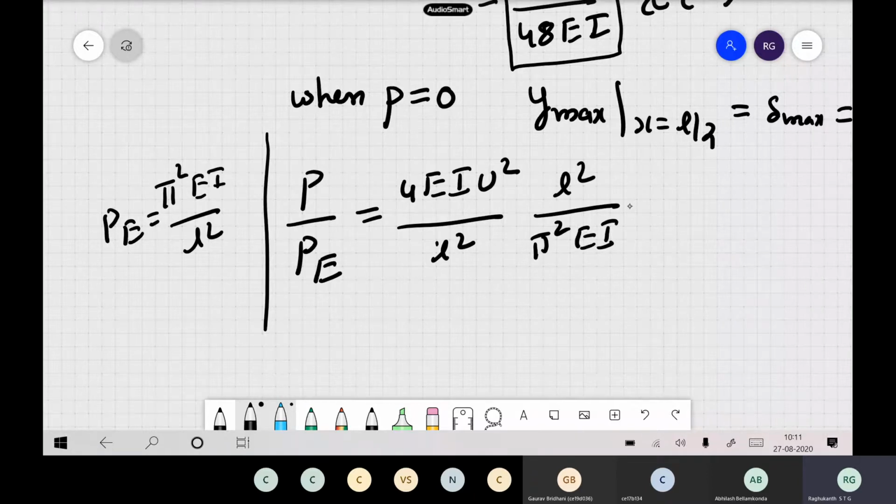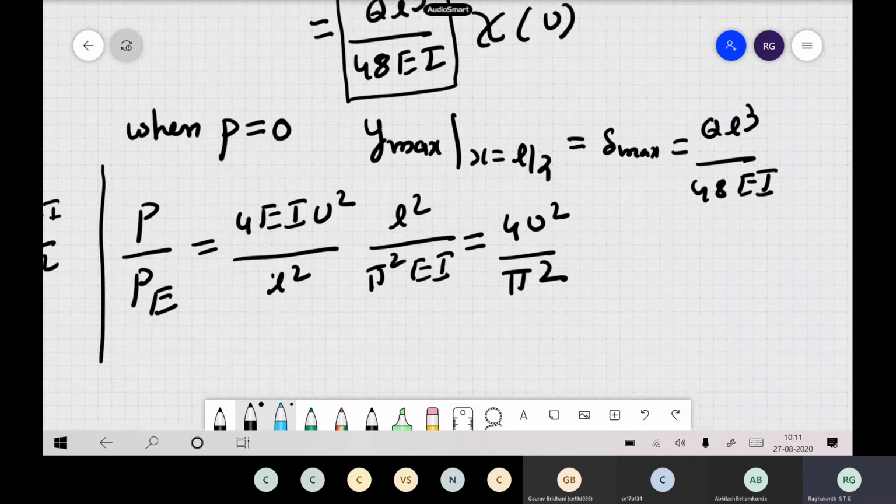So you can write this expression as 4u square by pi square. This is how we write our loads.